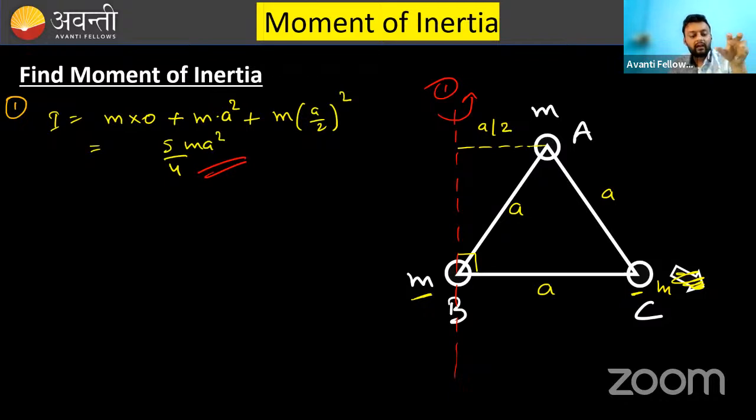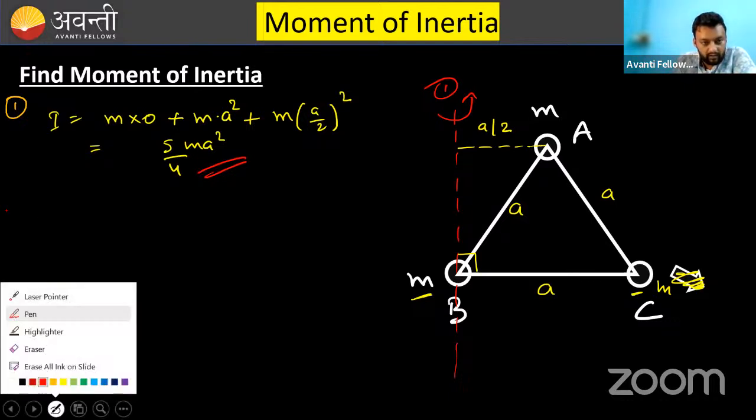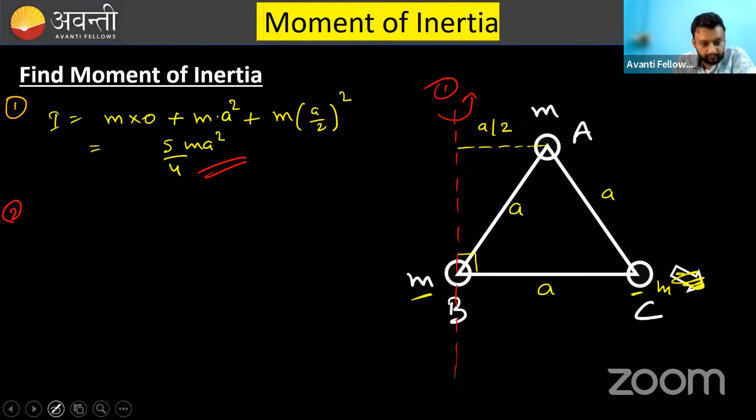Now tell me, is this point clear to you? Now I am going to change the axis. Let's see. Second, let's suppose this time the axis is this one. What is the meaning of this axis?